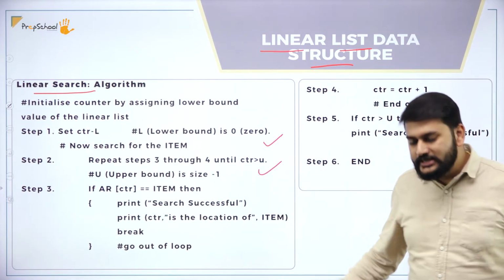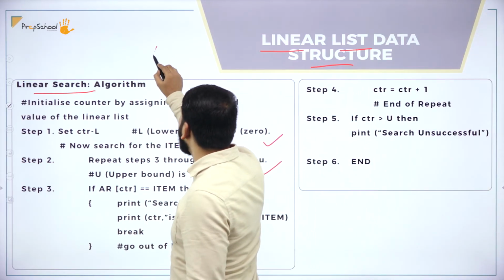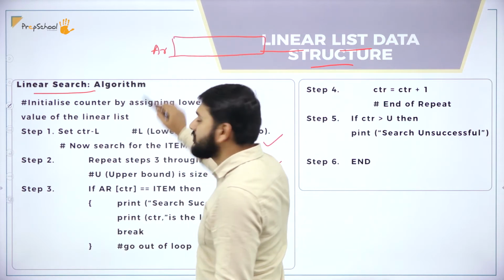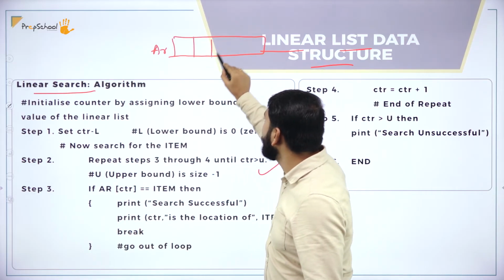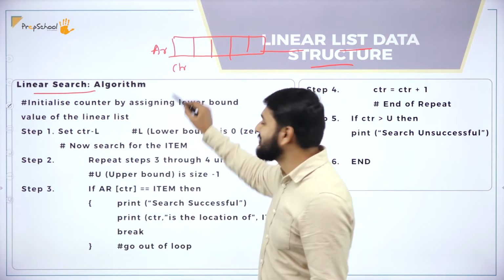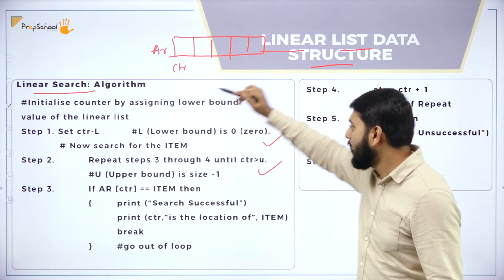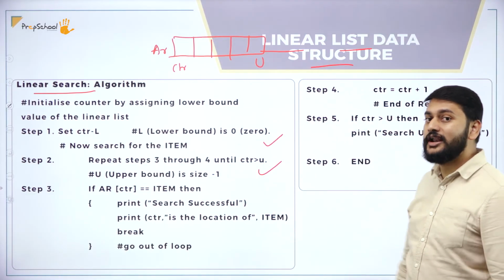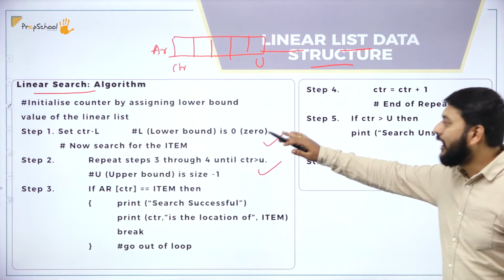Imagine I have the array, named AR. I'm pointing the CTR pointer to the lower bound, and I'm initializing U as the upper bound. That is what I'm doing in the first and second steps.